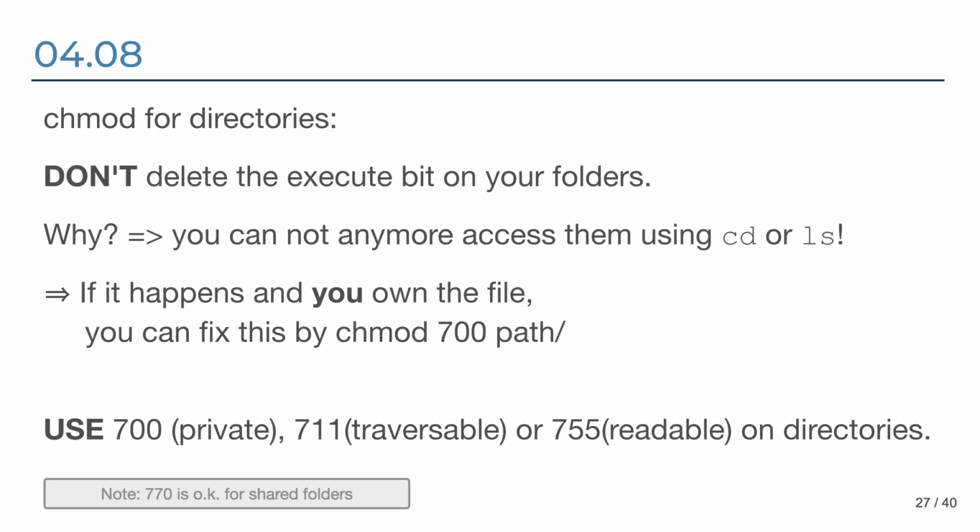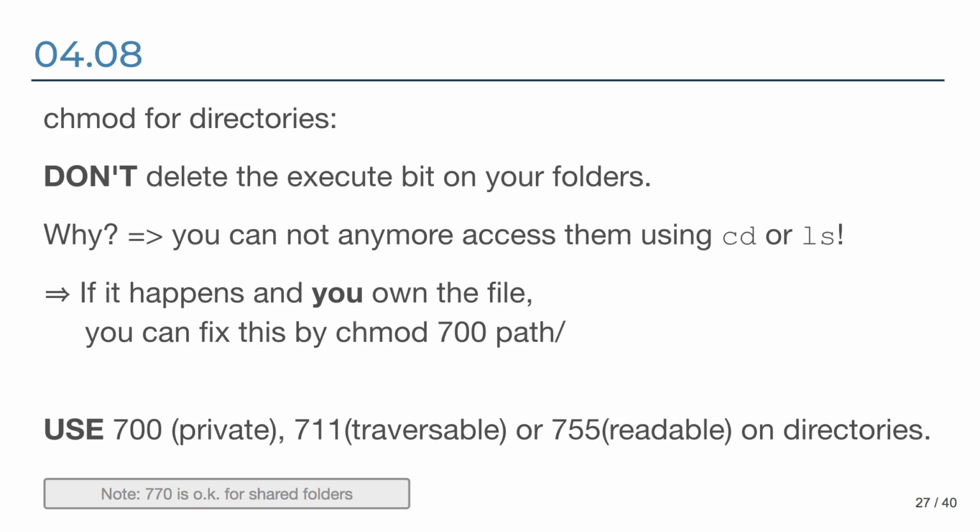All right, there's one more thing regarding directories: please don't delete the execute bit on your folders. The reason is that if you set a folder to 400, so read only, you can't cd or list into it.